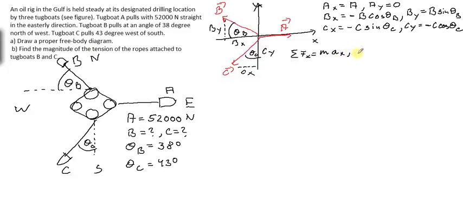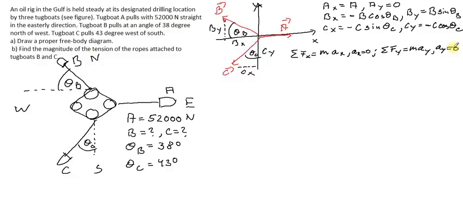But it's held steady, so ax equals 0. Likewise for the sum over all forces in the y direction equals m ay, but also ay is 0. That is because it's held steady.